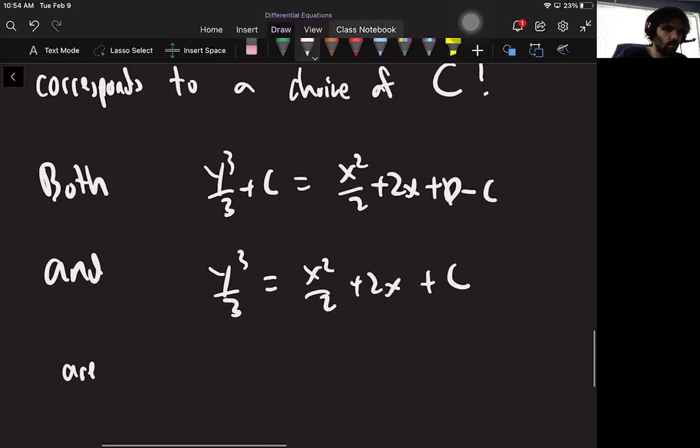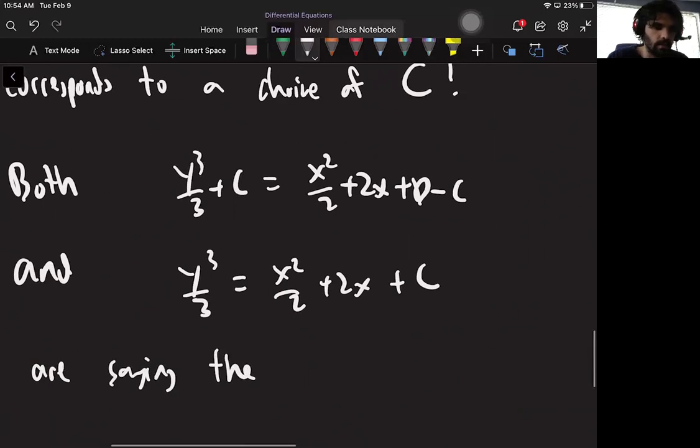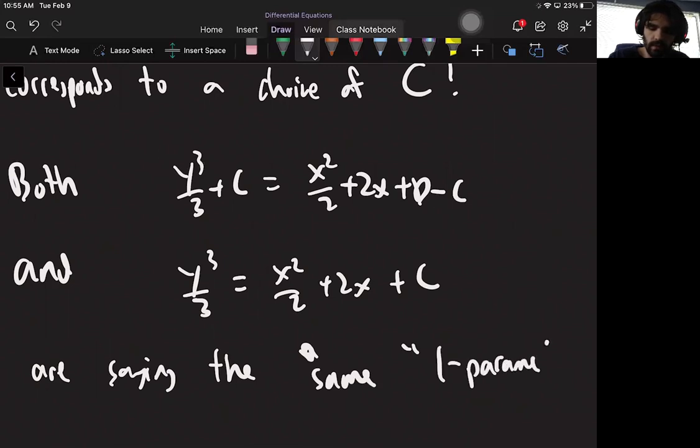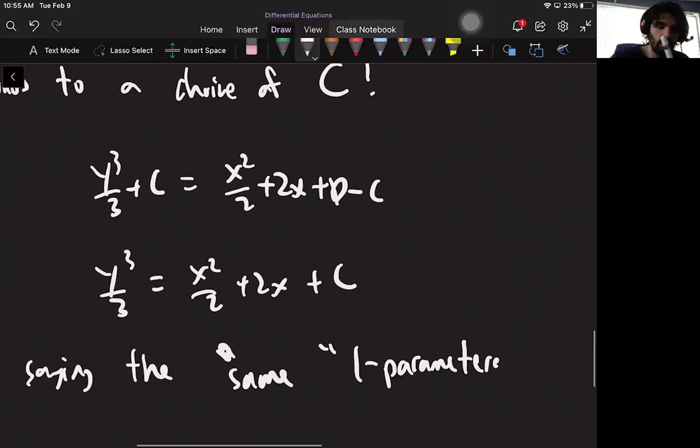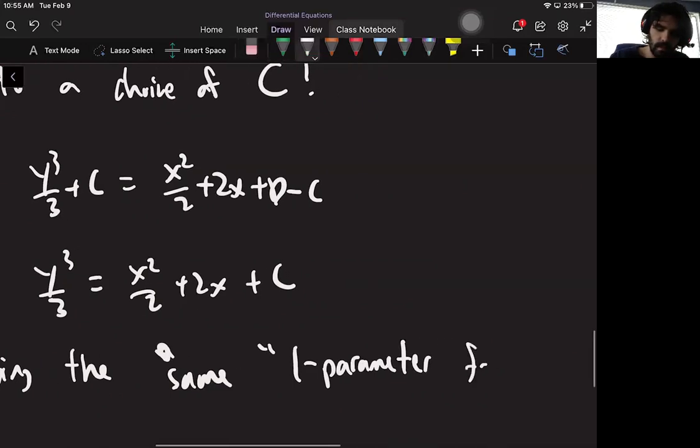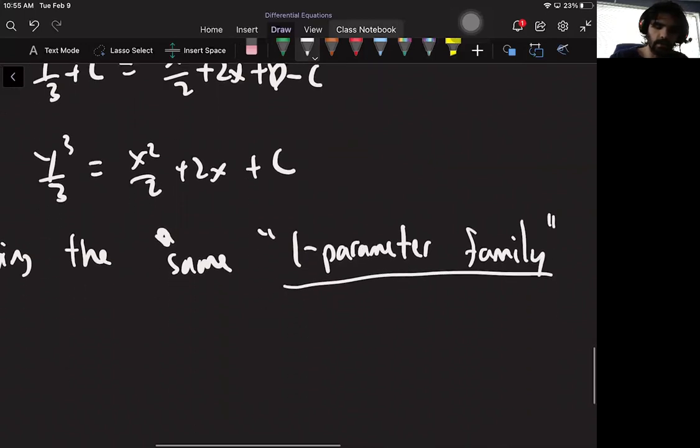They're saying the same set of solutions, sorry, they're saying the same one parameter. So this is the fancy word we're learning right now. One parameter family of solutions.